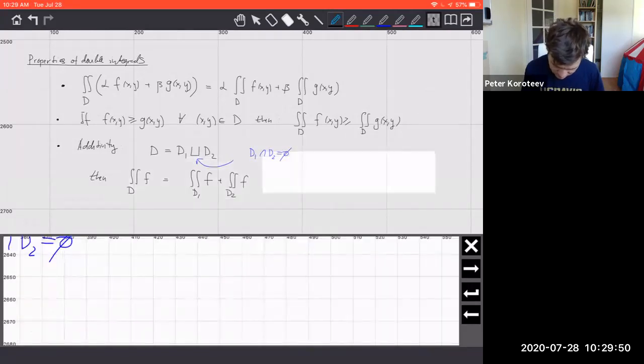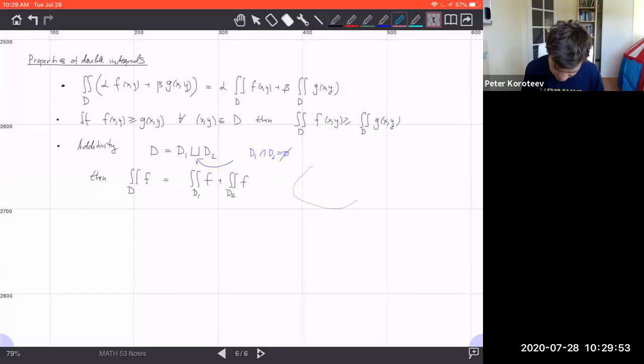So examples may include something like this, right? Say this is D1, this is D2, and the whole thing is D. So it's important that they do not have any intersection. Otherwise, on the right you'll have more integrals, something else that you don't have on the left.